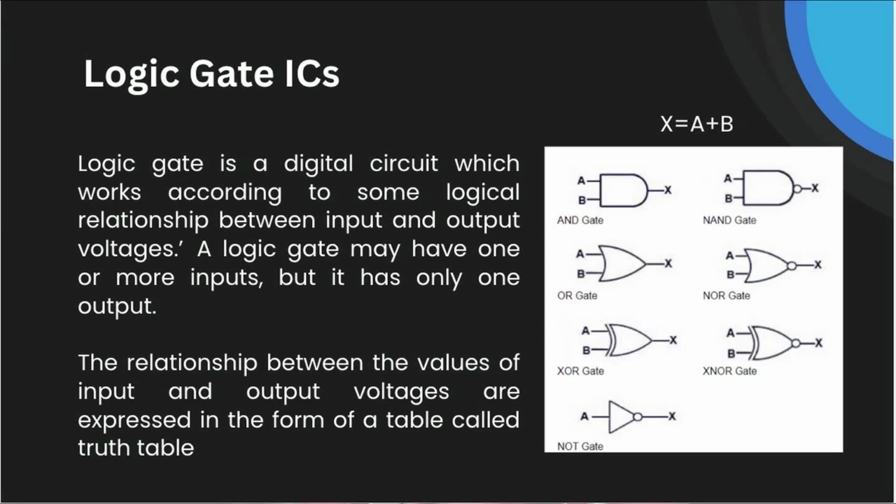The basic logic gates are: OR gate, AND gate, NOT gate, XOR gate, XNOR gate, etc. These are the relationships and the truth tables of various gates. I will not go through these logic gates in detail in this lecture.